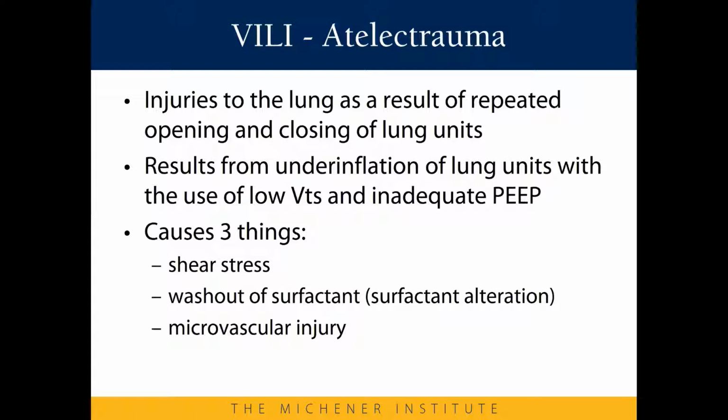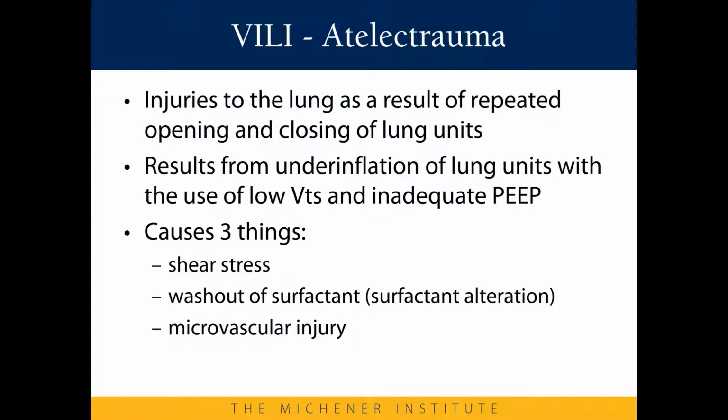And three causes for atelectic trauma, or three ways that it can cause trauma, is we can cause shear stress from the opening and closing of those lung units repeatedly on each breath. Also, as it collapses, it can actually push out surfactant.